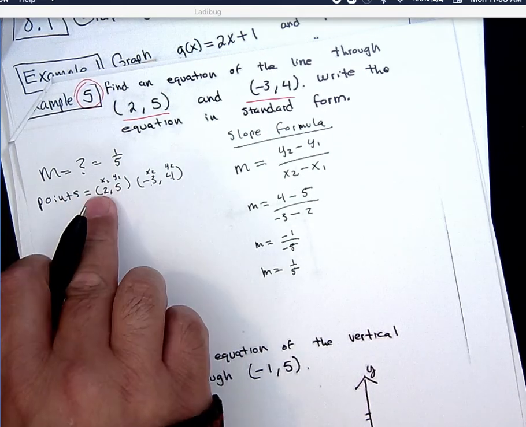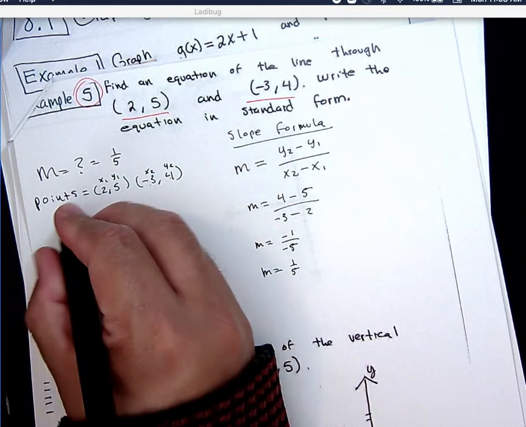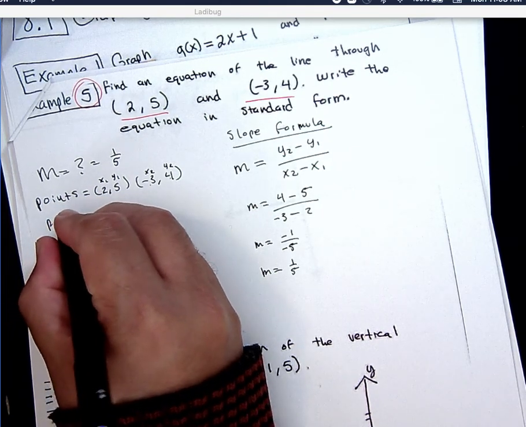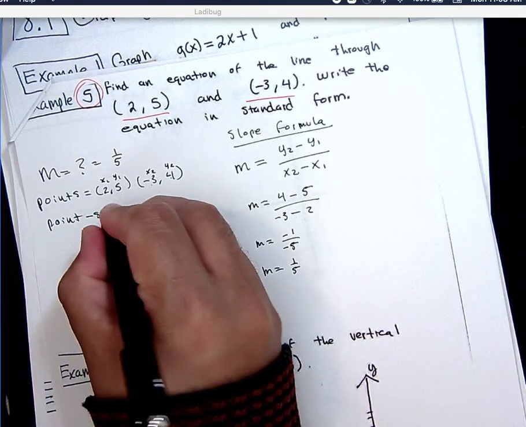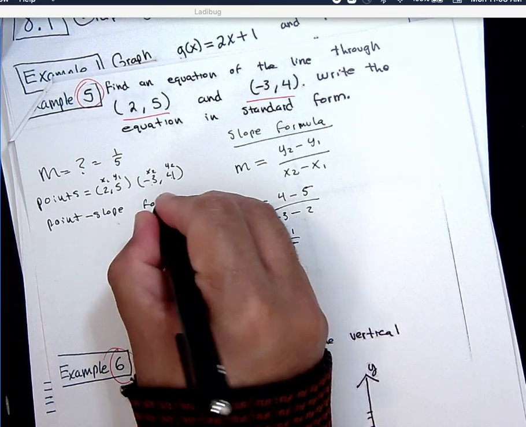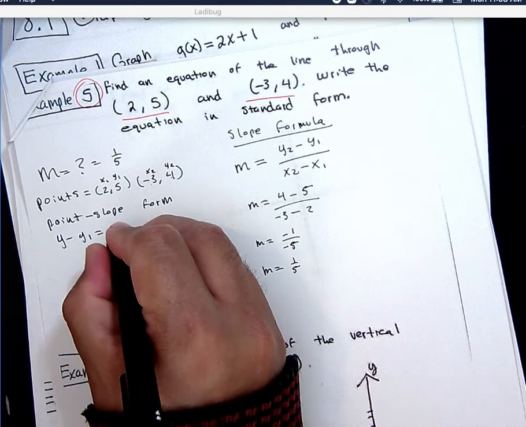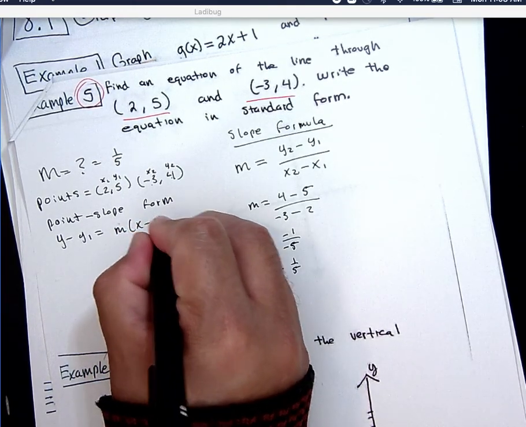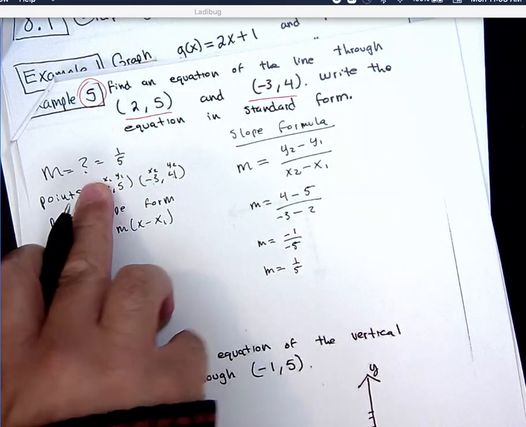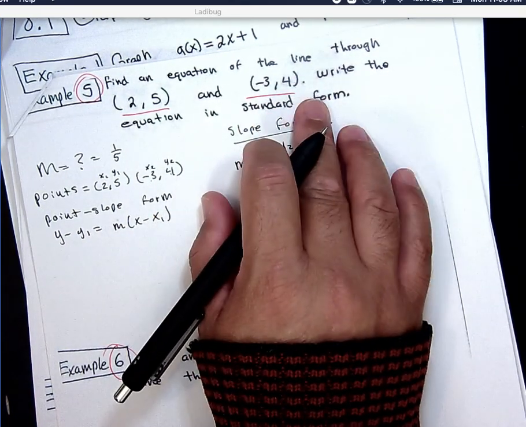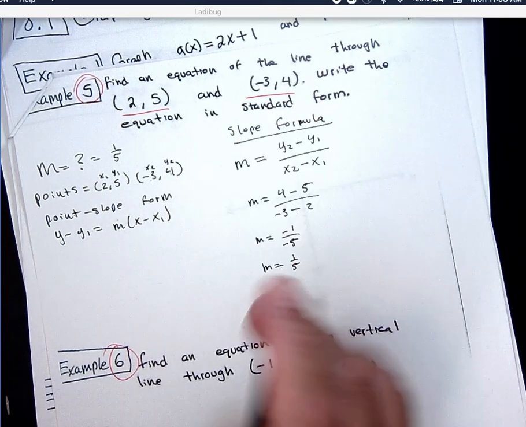And now we have 2 points, but we only need one. So we're going to use the point slope form again, which is this: y minus y1 equals m times x minus x1. Whenever you get a slope and a point, you use this one to find these other forms.